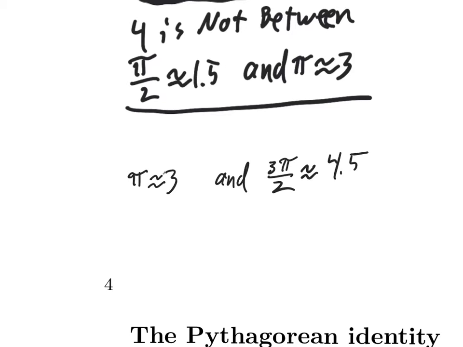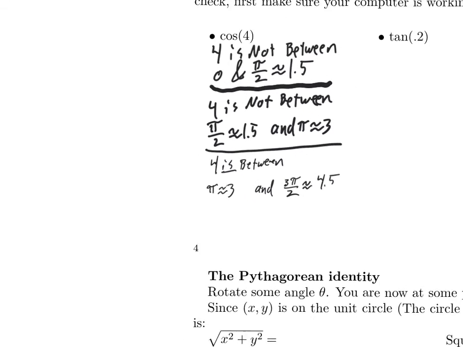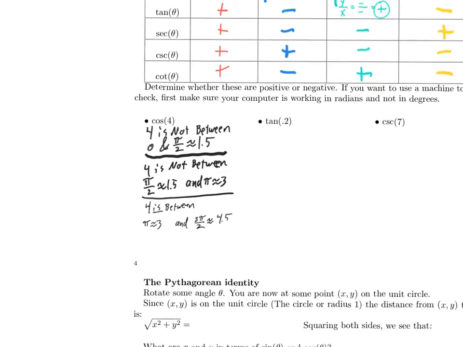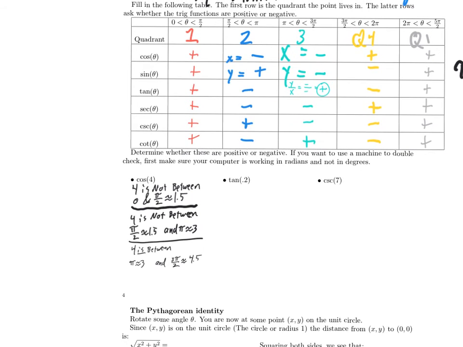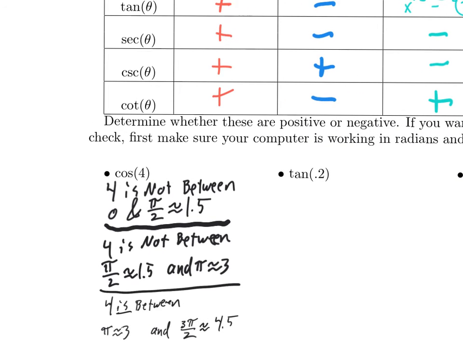Yeah. 4 is between pi and 3 pi over 2. So if I want to understand if cosine of 4 is positive or negative, I should look at this column, because 4 satisfies that inequality. So apparently this angle is in quadrant 3. I want cosine. Cosine is negative. So cosine of 4 is negative.